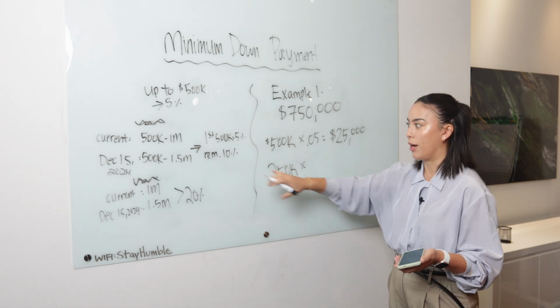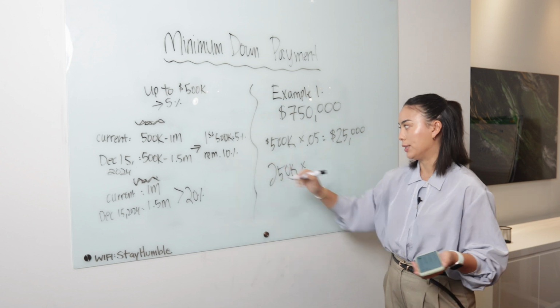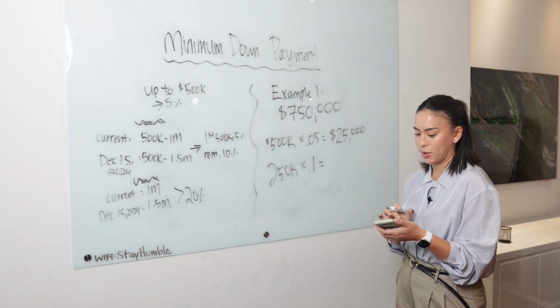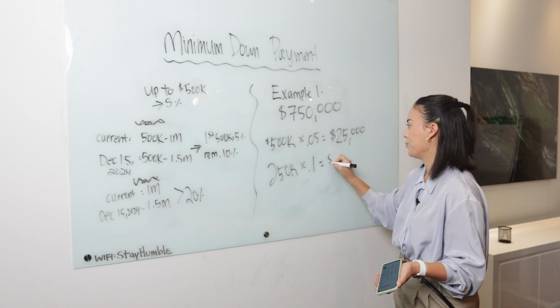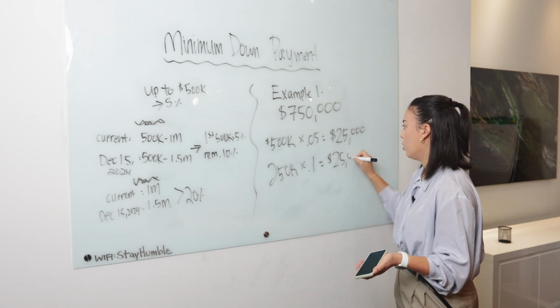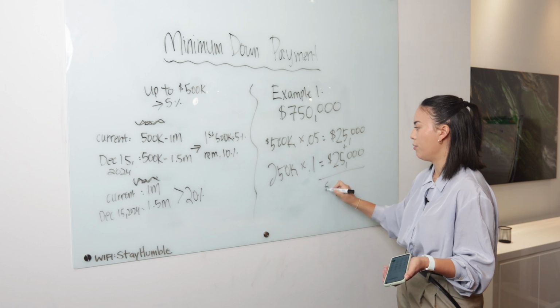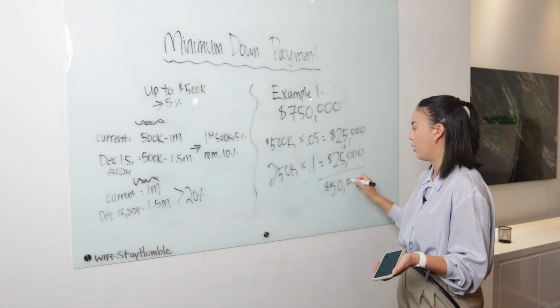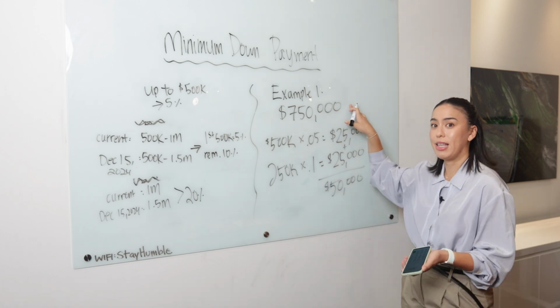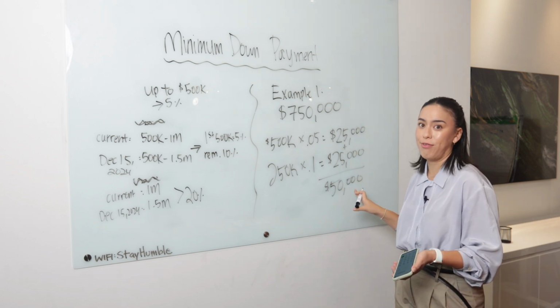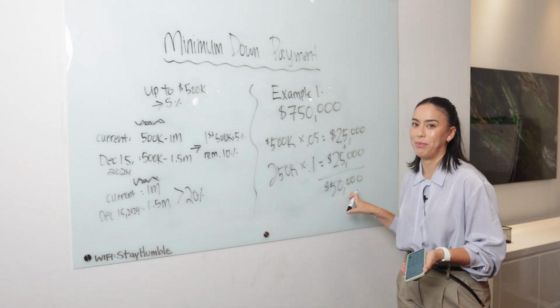We multiply that by the 10% number, so times 0.1, which is obviously also $25,000. So when you add these two together, 25 plus 25, for a $750,000 purchase, you are going to be subject to a $50,000 minimum down payment.